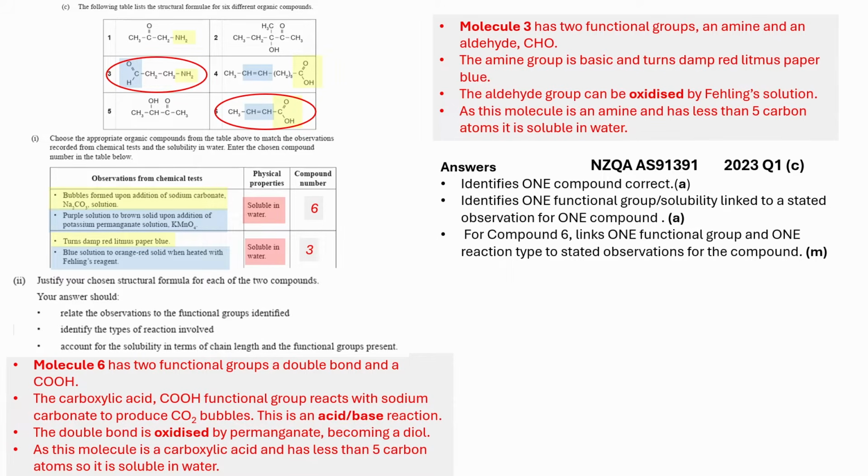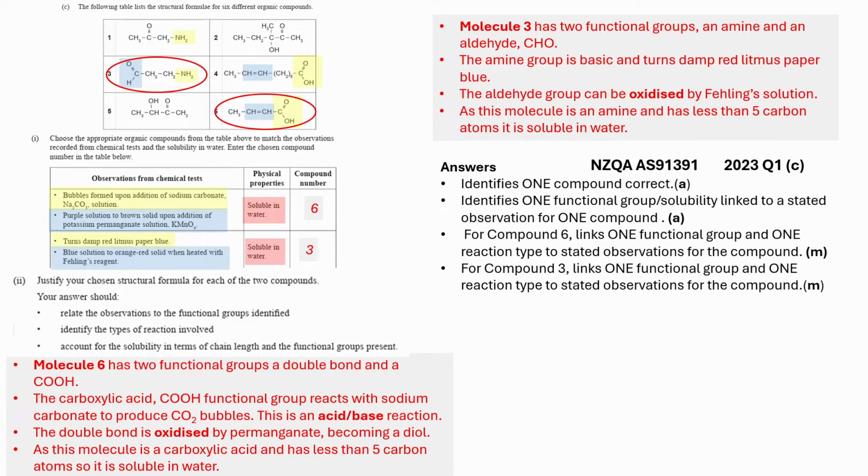For compound 6, if you linked one functional group and one reaction type to the stated observation, so let's go back to the carboxylic acid again that reacted with sodium carbonate, that produced carbon dioxide bubbles, and that was an acid-base reaction. If you linked all 3 together, you get the merit.